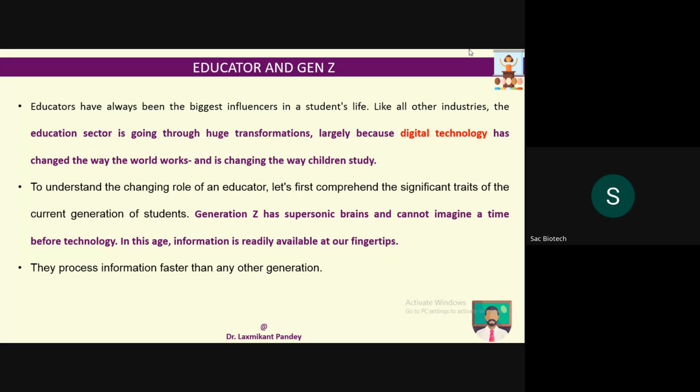So the first important thing is that we, as educators or teachers, should first understand what teaching methods are available, or what different kinds of gadgets are available that can be used or incorporated in our teaching methodology. That is very important. Change.